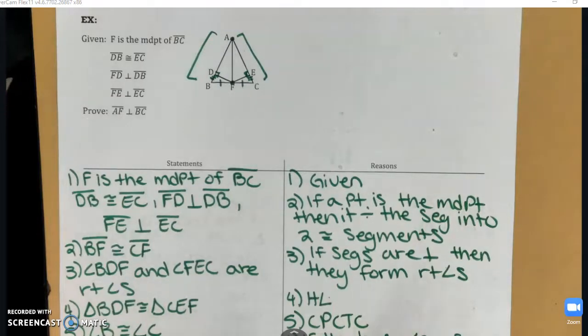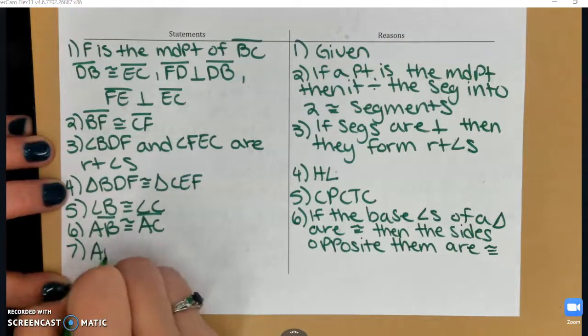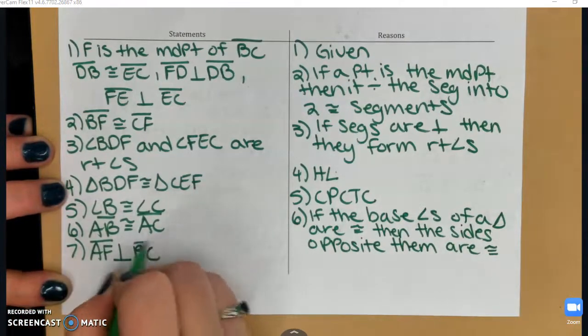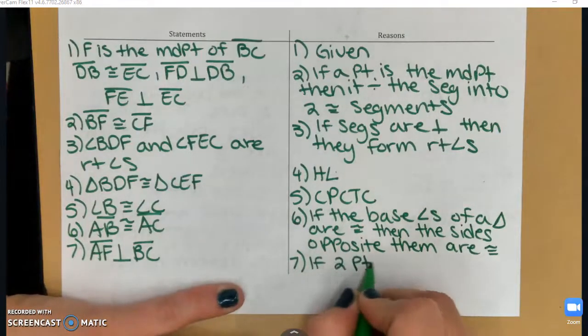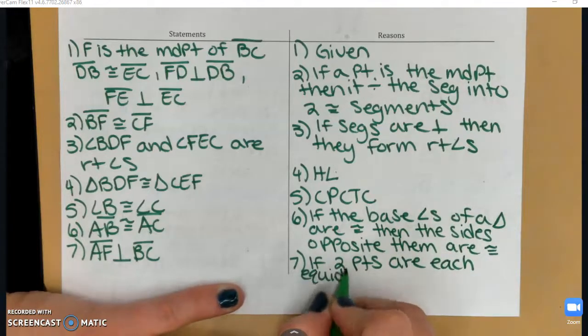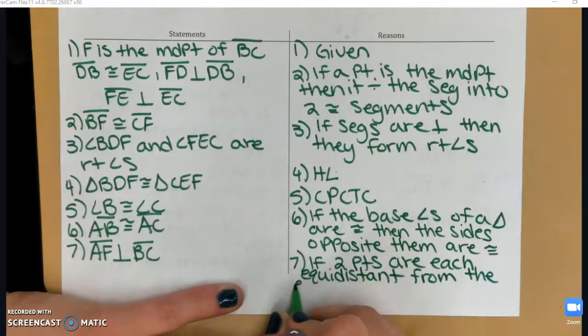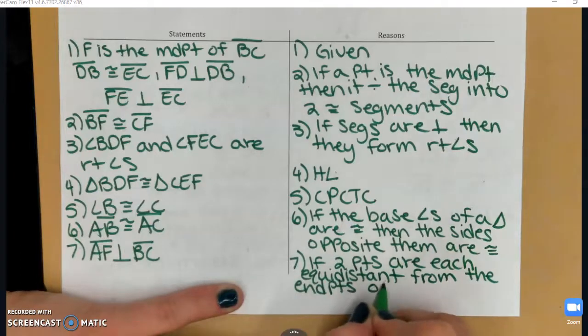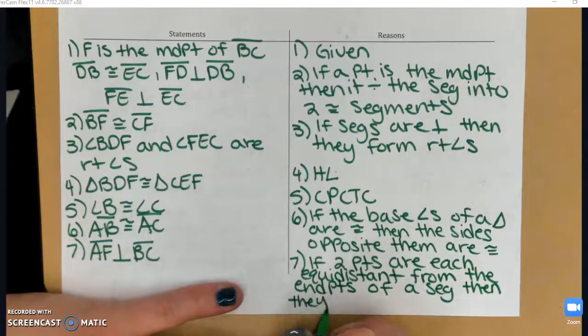So that tells me that A and F form the perpendicular bisector of BC, which means that AF is perpendicular to BC. And my reason is going to be if 2 points are each equidistant from the endpoints of a segment, then they determine the perpendicular bisector.